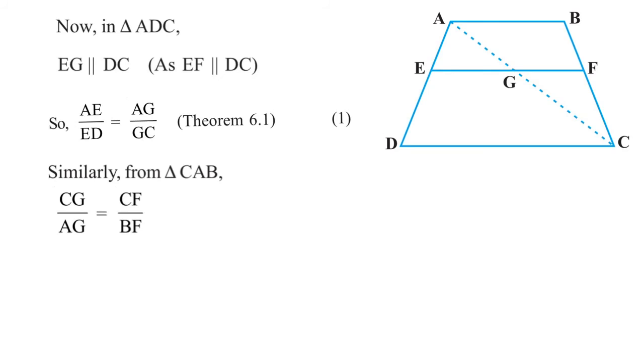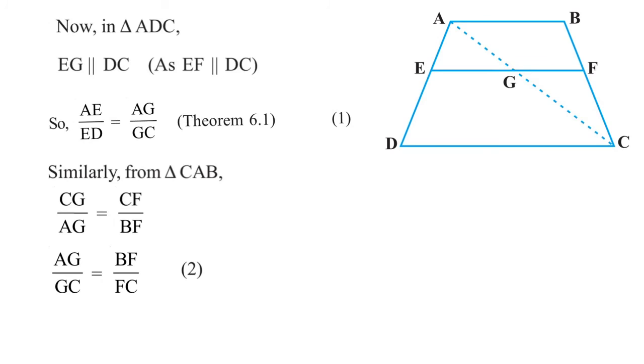So if I just take the reciprocal of that, I just reverse AG and CG, flip the fractions. So what happens? Can I say AG over GC, it's the same thing, we are just flipping the fractions, is equal to BF over FC. Let's label this as equation 2.